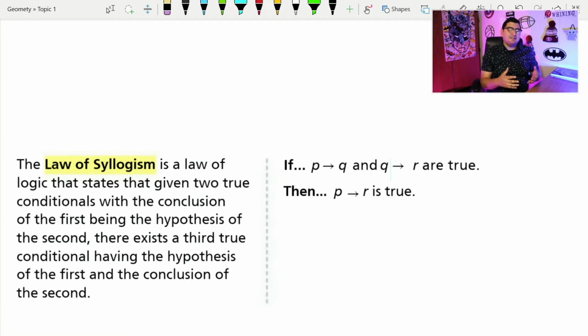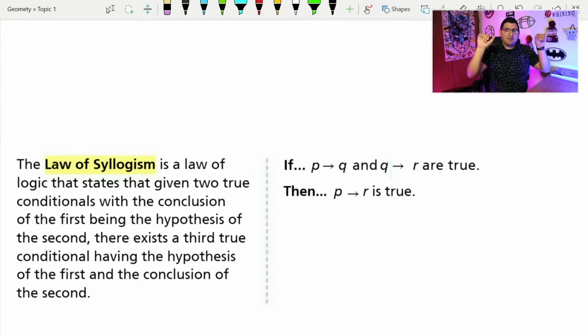The definition basically states that it's a law of logic that states given two true conditionals, so if we have two separate conditional statements, where the conclusion of my first conditional statement is the hypothesis of my second conditional, okay?